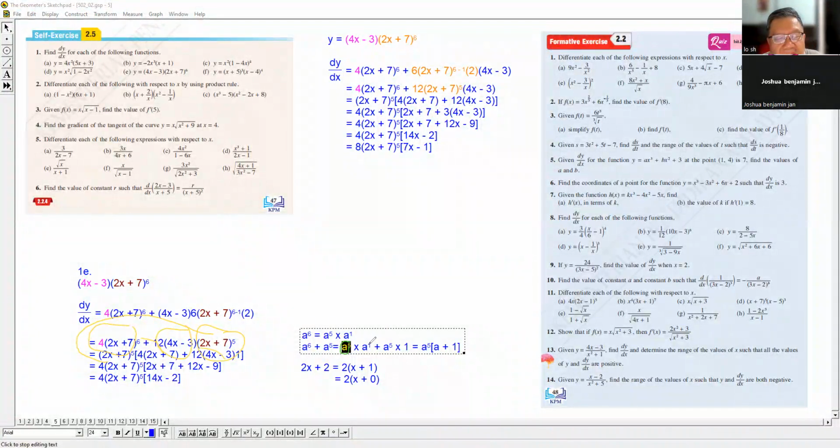This one becomes 1. You take out the 5, then you are left with 1. You take out 5 here, you're left with 1. So this 5 you take out, there is only 1 left.